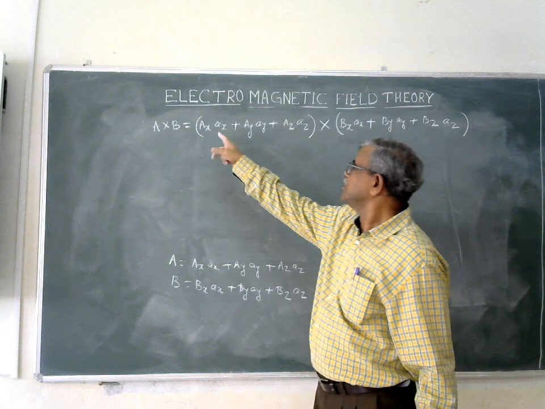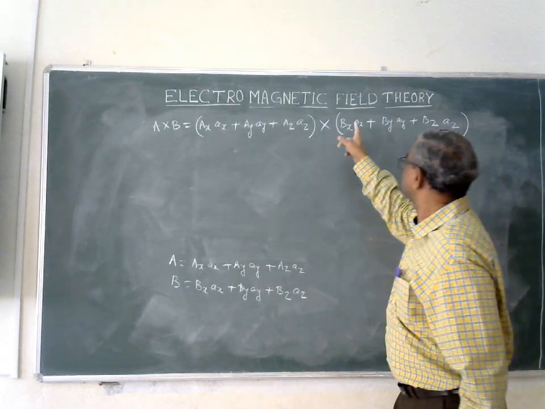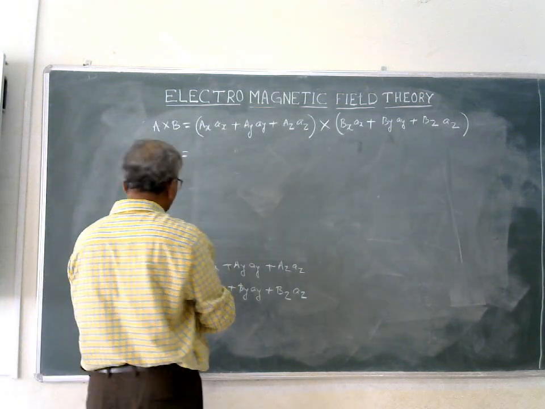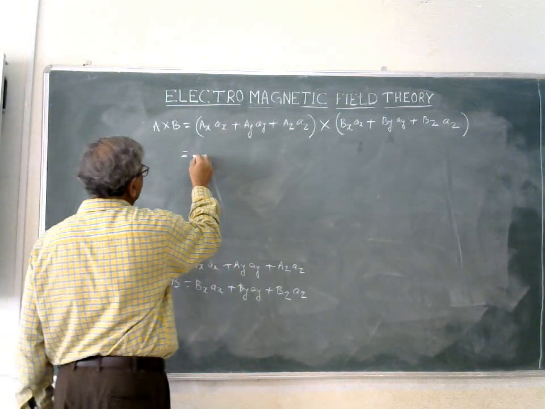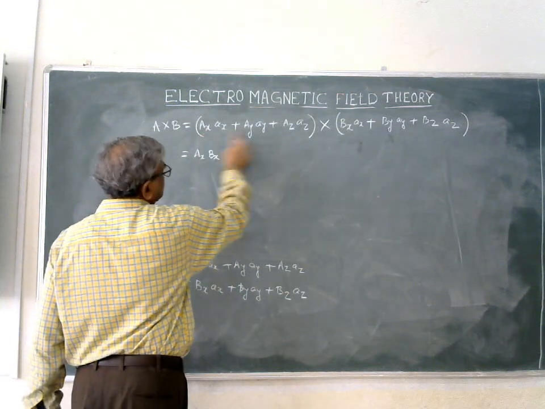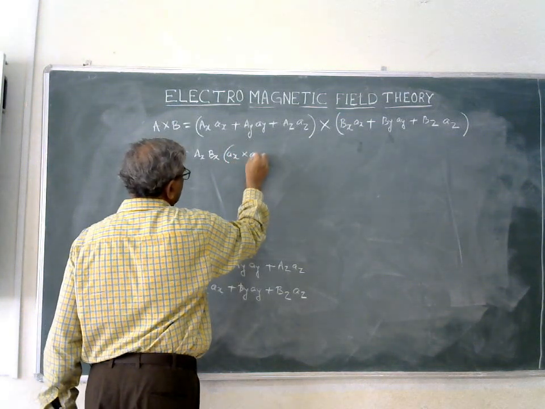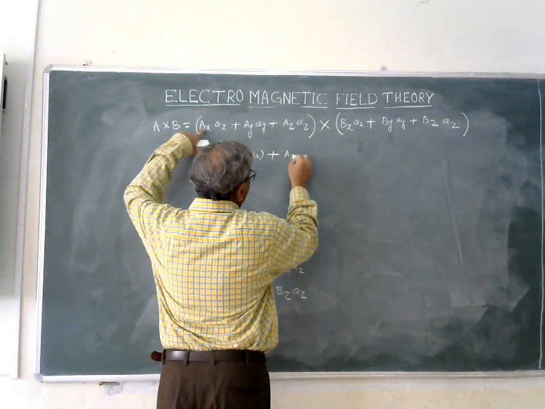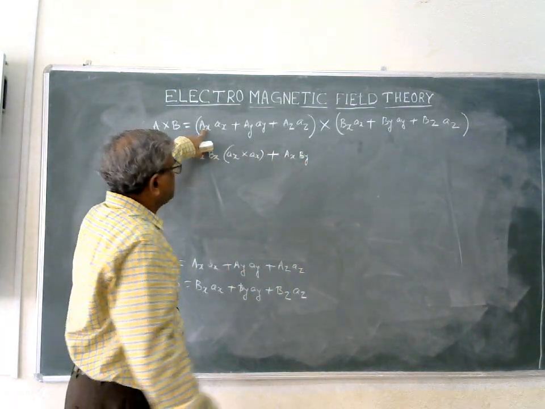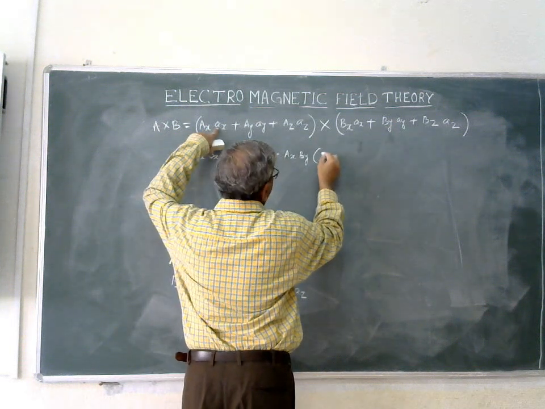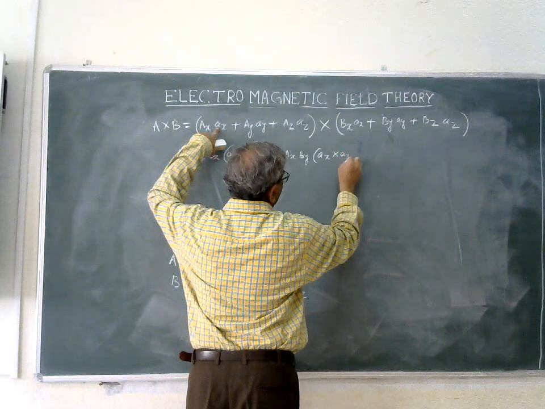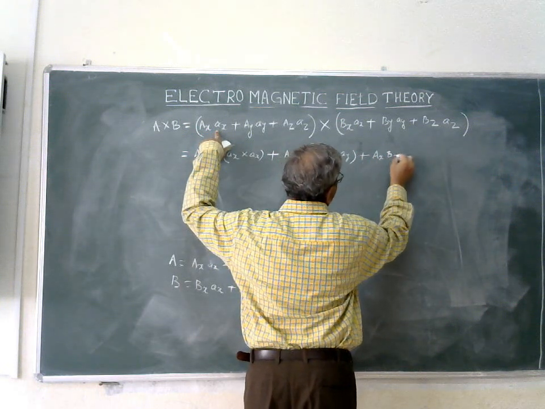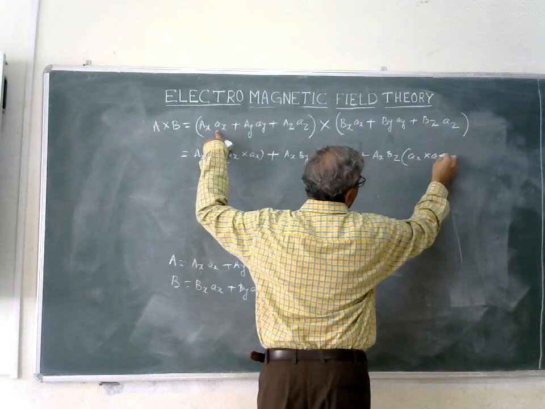Take the multiplication: the first term in the first vector into each term of the second vector. So Ax Bx into ax cross ax, plus Ax By into ax cross ay, plus Ax Bz into ax cross az.